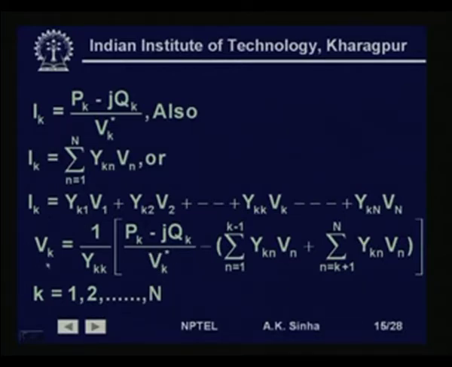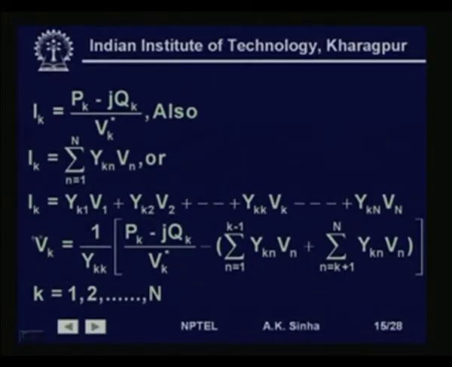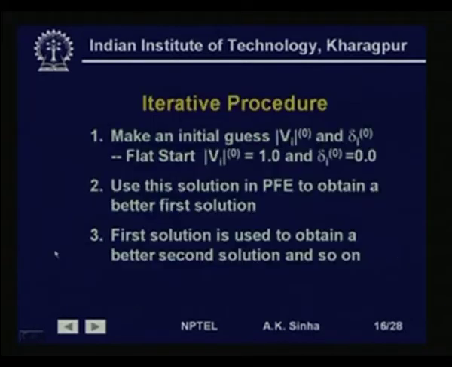Then we will get one value of Vk, which we call the first improved estimate of Vk. So, from the guess we can get an estimate of the value of voltage. So, a better solution or first estimate we get.